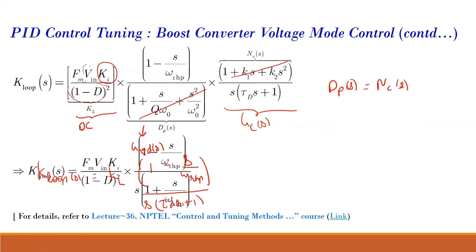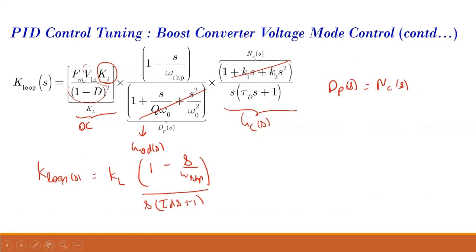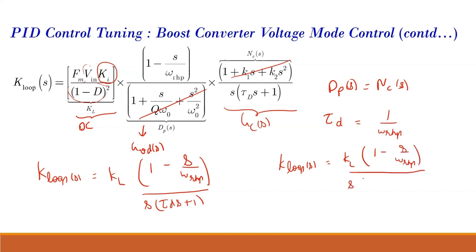What they do is they set tau D equal to 1 upon omega RHP. If we do that, my K loop of S will be equal to KL into 1 minus S upon omega RHP, divided by S into 1 plus S upon omega RHP.